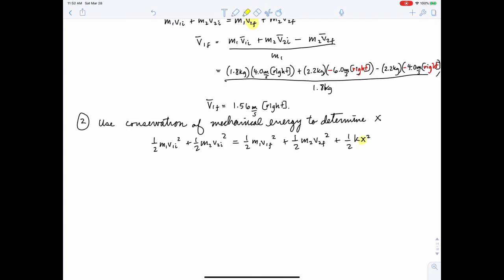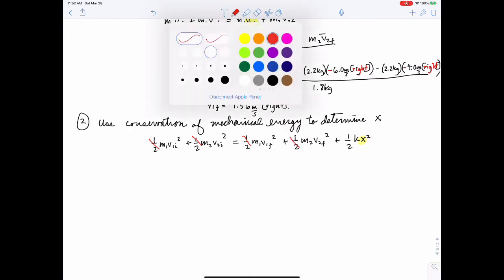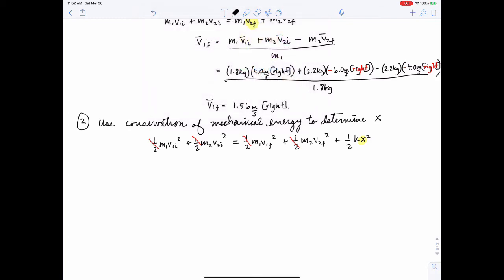Now there is a 1/2 in front of every term on each side of the equation. So if we multiply both sides by 2, we can get rid of these 1/2s and solve for x.